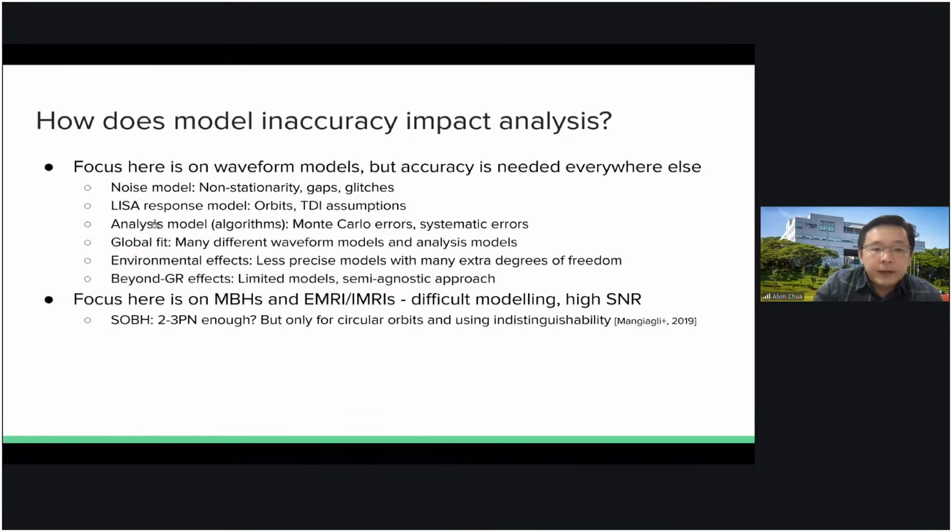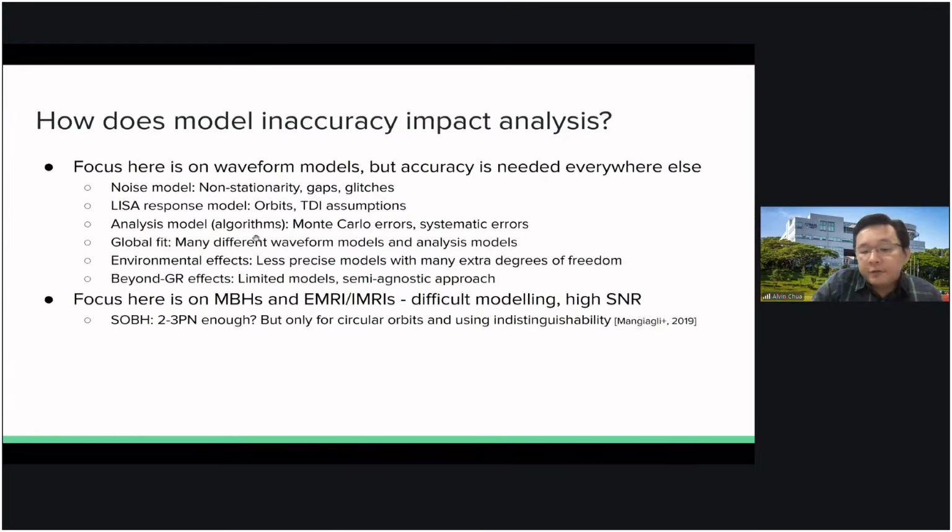Then I use the word analysis model here, but I'm referring mainly to the set of analysis algorithms you use to study the signal. These algorithms are large, and most of them are stochastic in nature, so you will be susceptible to Monte Carlo errors. But these methods could also have systematic errors built in.